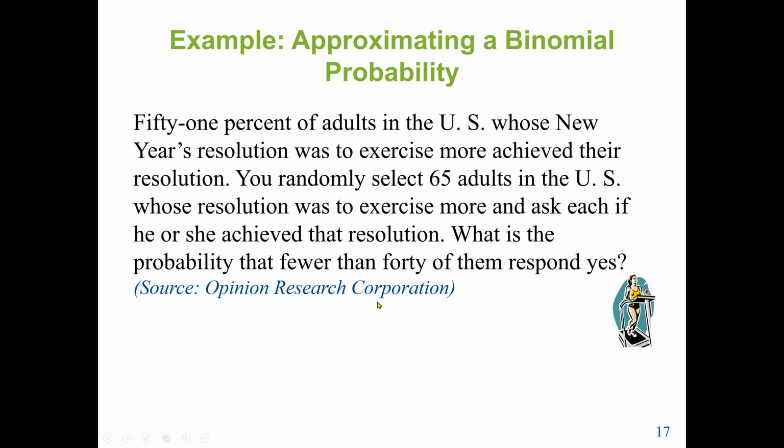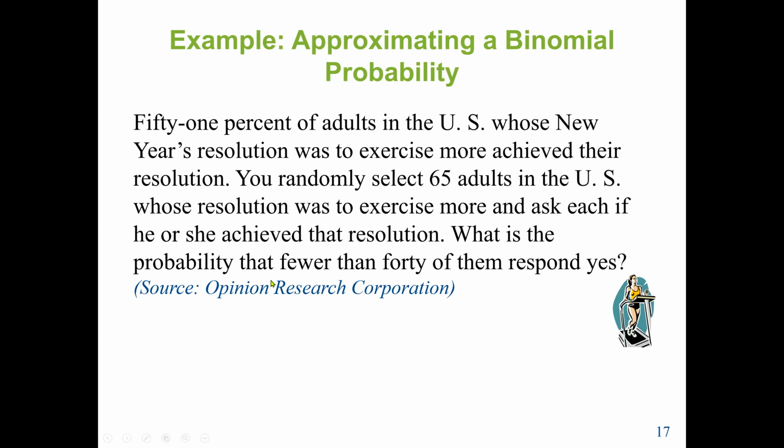So here we have 51% of adults in the US whose New Year resolution was to exercise more achieving their resolution. You randomly select 65 adults in the US whose resolution was to exercise more and ask if he or she achieved their resolution.